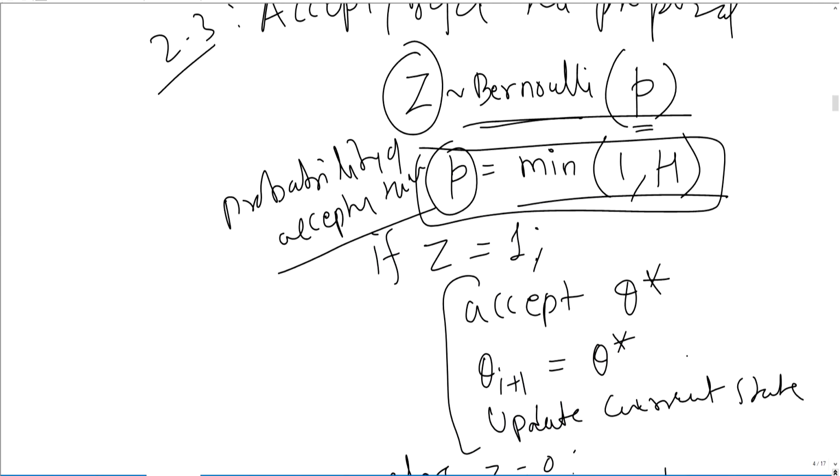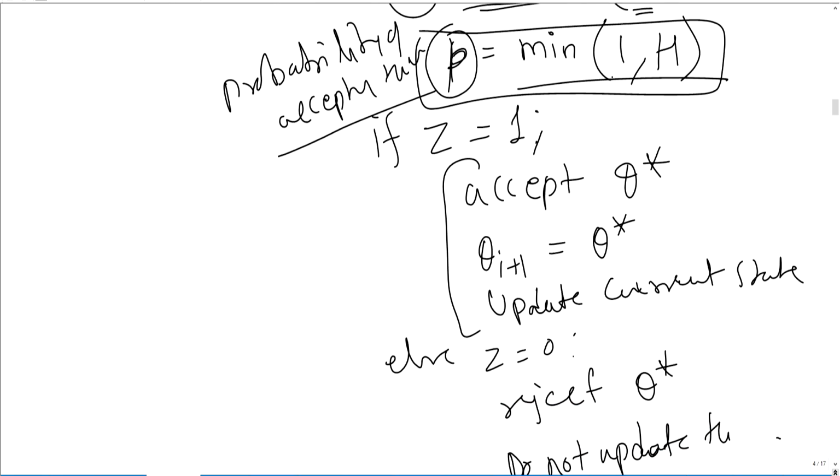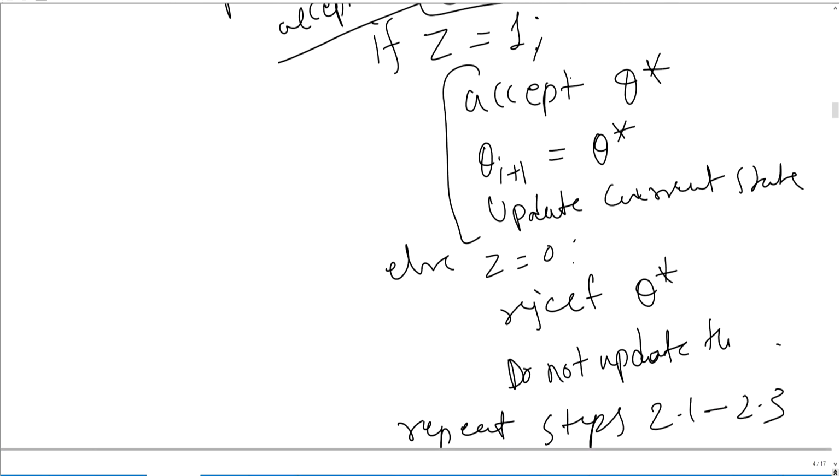We calculate a probability of acceptance, which is the minimum of 1 and H. So, if H is greater than 1, this probability of acceptance is always 1. If H is less than 1, then the probability of acceptance is H. Based on this probability, we generate a decision from a Bernoulli distribution, and based on it, we either accept or reject theta star, and then update the current state accordingly.